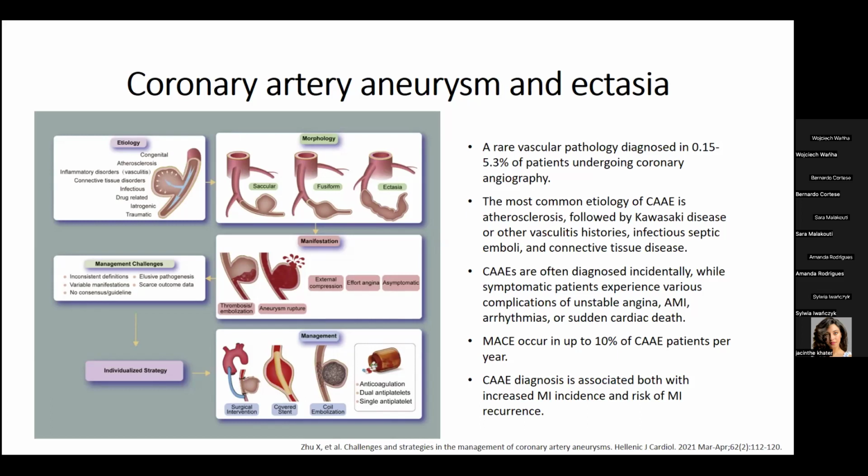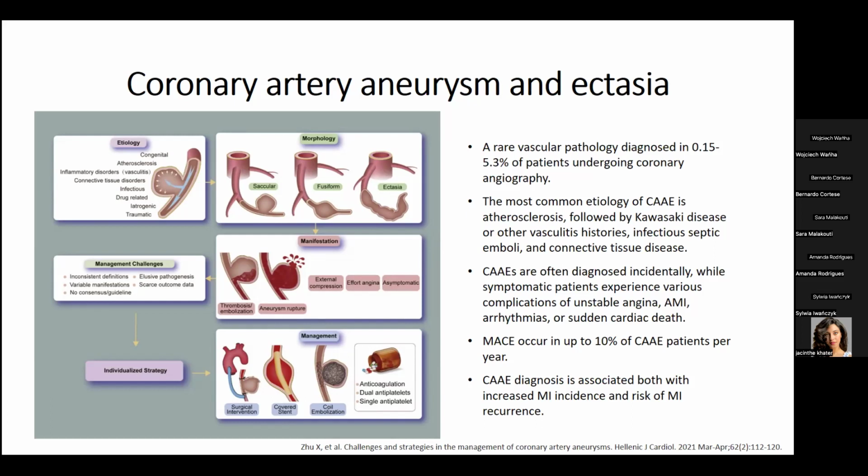The most common reason is aneurysm thrombosis and distal embolization of the artery. Arrhythmias due to heart ischemia and sudden cardiac death are also potential complications of aneurysm.